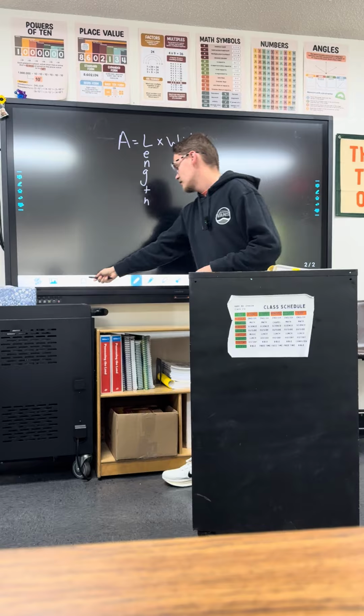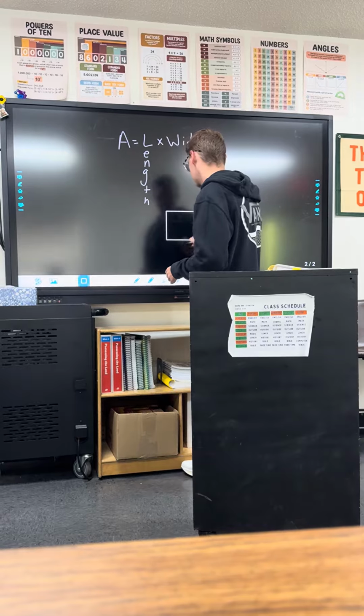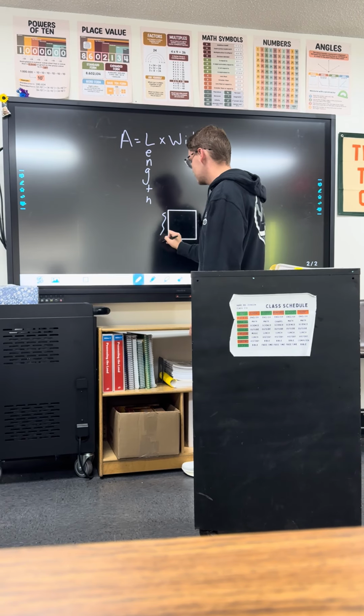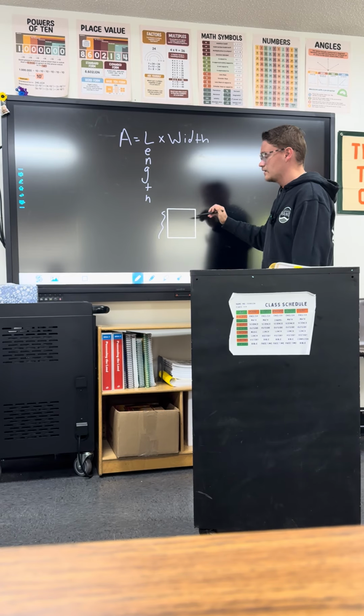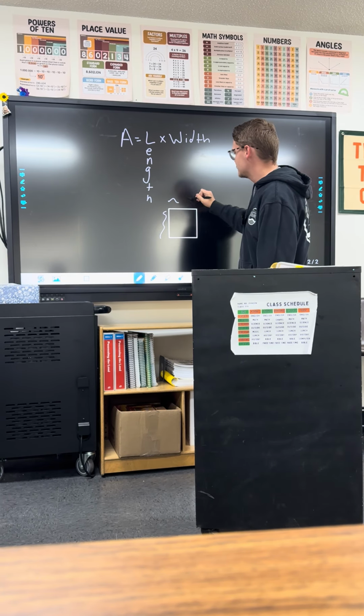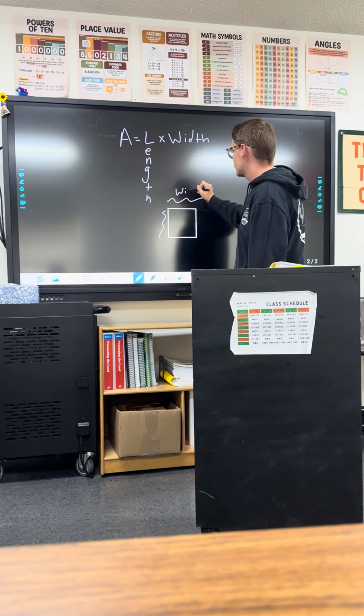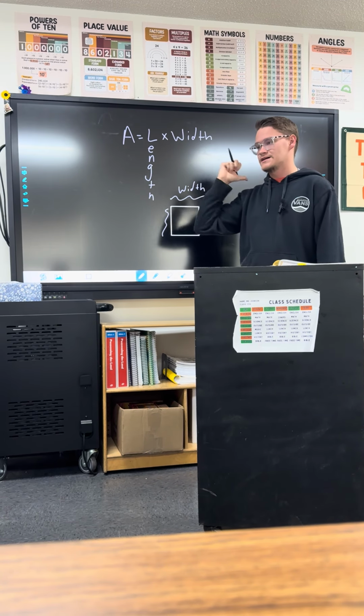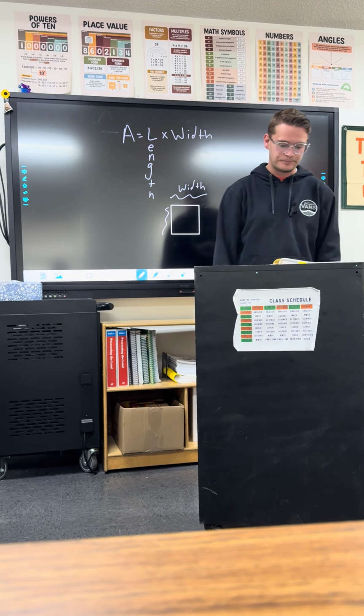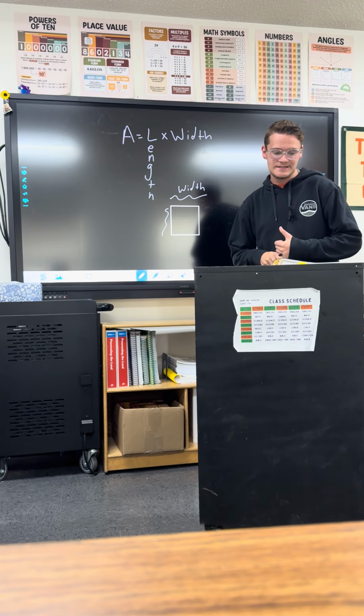When you have a rectangle, the long side, that is going to be your length. And then this way, that is your width. Width is always going side to side. Length is going up, down. So this is going to be your formula.